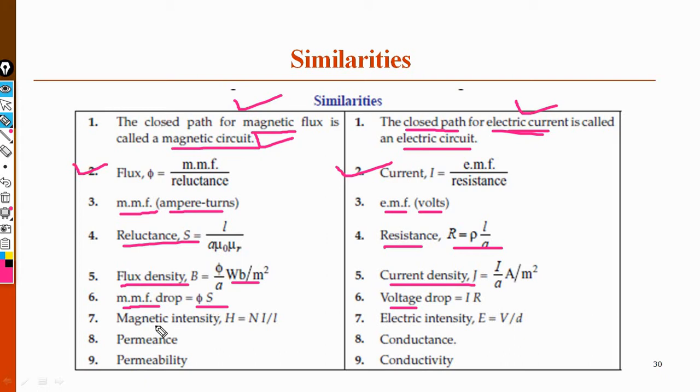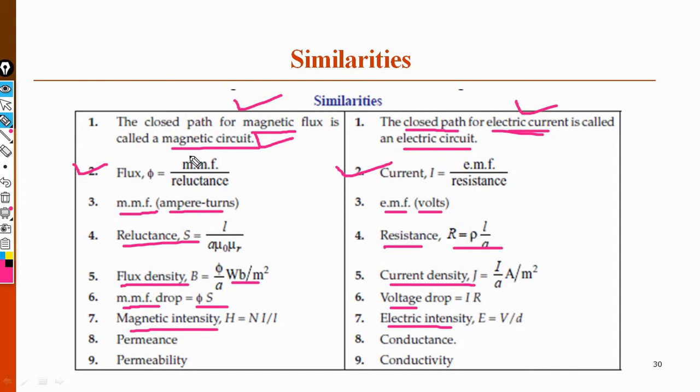Then also in the magnetic circuit magnetic intensity is very important, that is H is equal to N into I upon L, where N means number of turns, I means current, and L means length of conductor. Length of conductor will depend on the number of turns. And electric intensity is equal to V upon D, where D is distance and V means voltage.